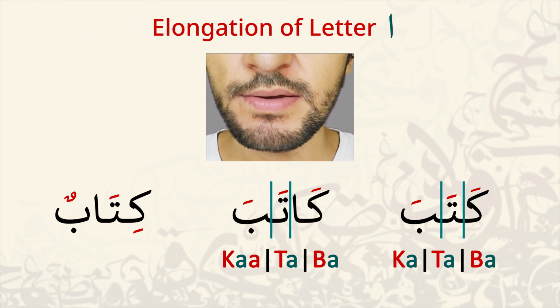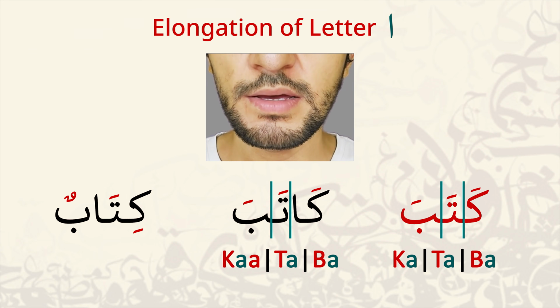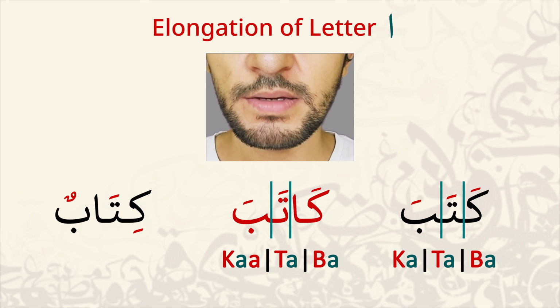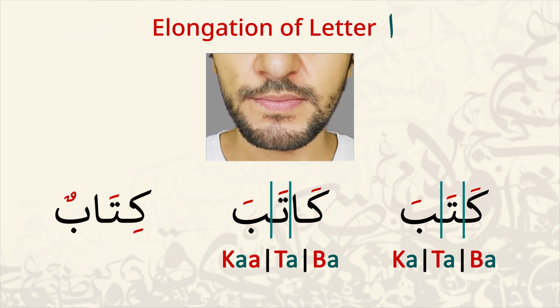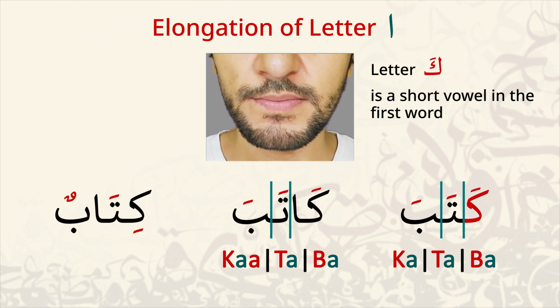If you do a comparison between the first 2 words, كتب, كتب. So here, the first letter K is a short vowel in the first word and it's a long vowel in the second one. That's why there is an elongation in the second word.